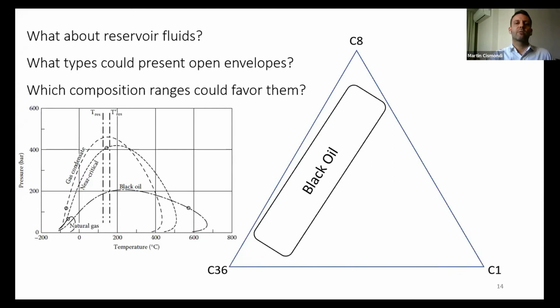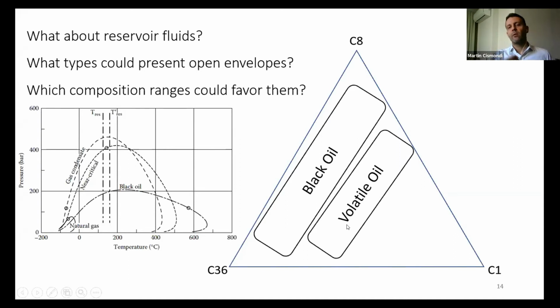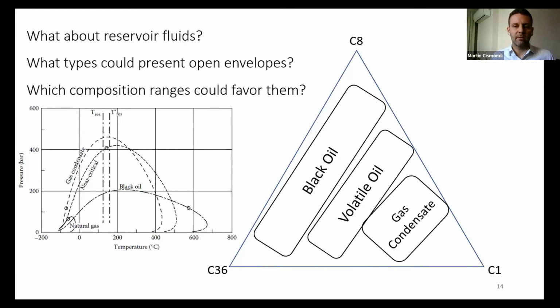In this map, we would have black oil type fluids here, high contents of the heavy part and low contents of methane. If we have more methane, we go to volatile oils. More methane, then we would be in the gas condensate region. And then we have natural gas here.